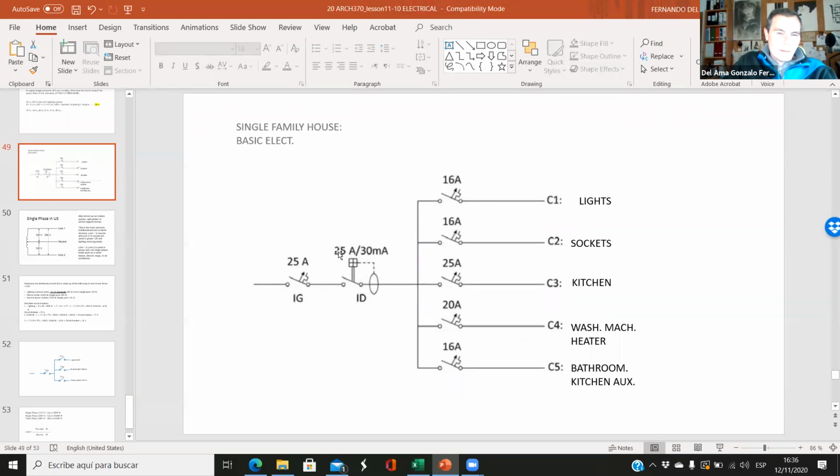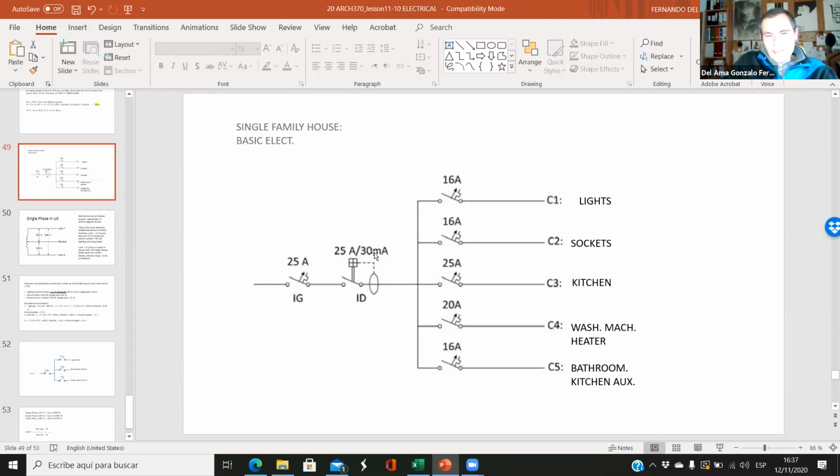Okay, and so the main intensity has to be the highest here. So we have a circuit with 25 amperes, so this differential breaker should be at least 25. And then this is the sensitivity, so what is the difference between the line and the neutral that makes this disconnect?